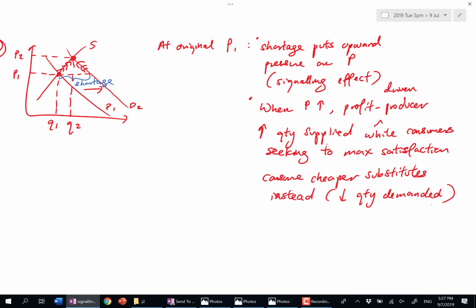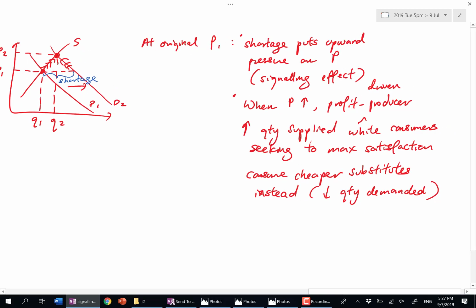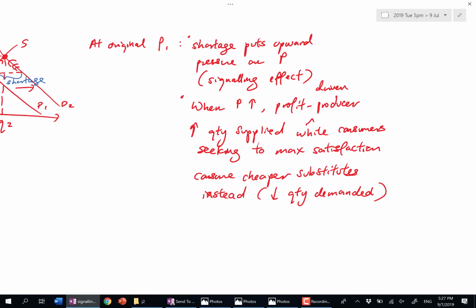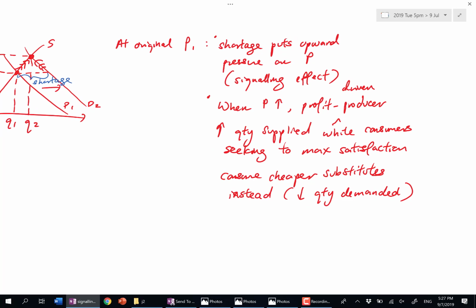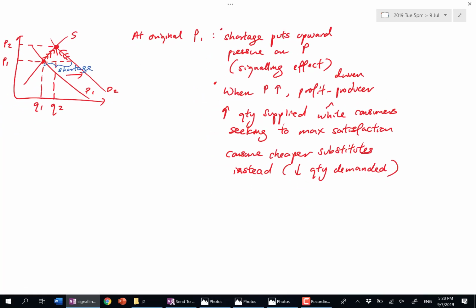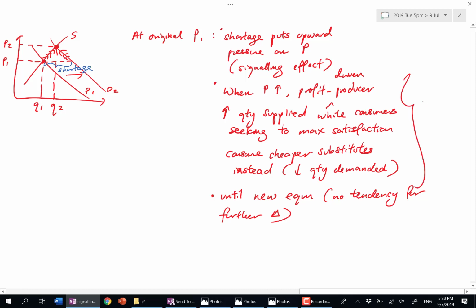But later I'll show you how the question is different when they ask about rational decision. This thing is magnified. Until the new equilibrium is reached, there's no tendency for further change. What you have described here is the incentive effect. What incentivizes producers and consumers? What gets them to wake up and start taking action? It's the change in price. Okay.